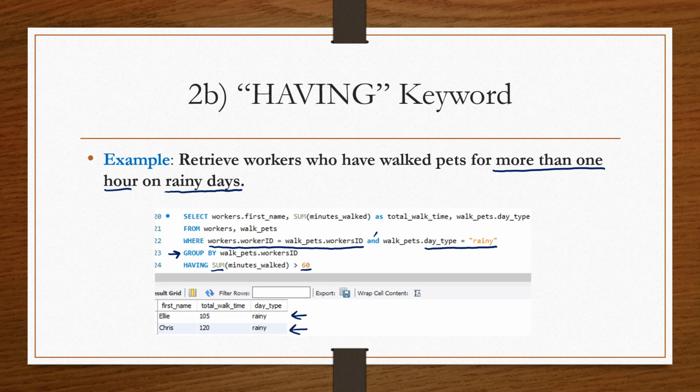The total walk time that Ellie, this worker, did was 1 hour and 45 minutes, and Chris did 2 hours. So these will be retrieved, and they both walked pets on rainy days. So these tuples are retrieved, and this query is executed.